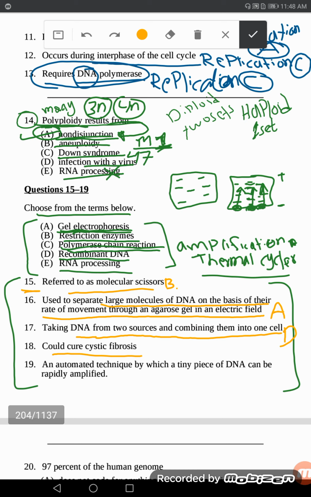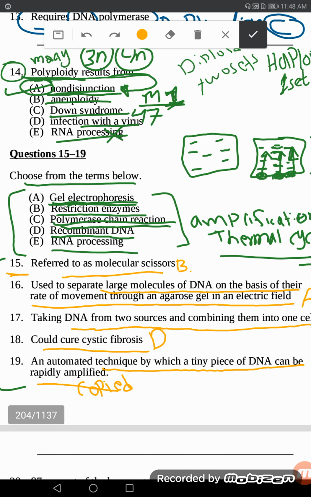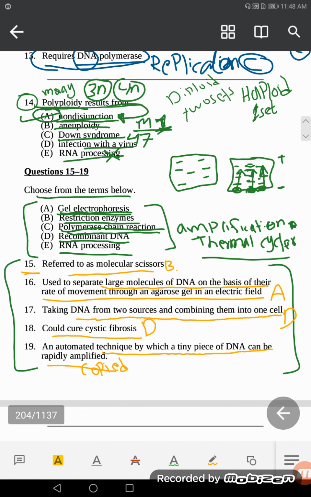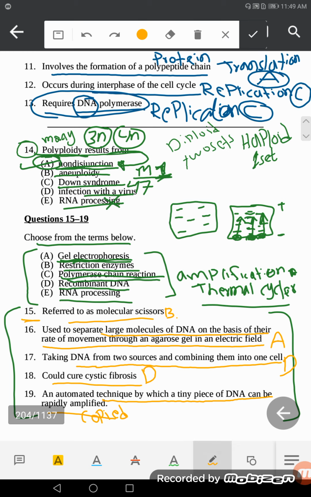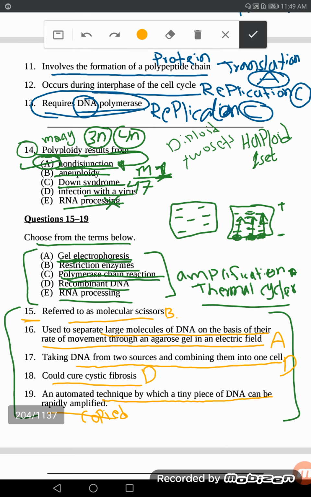It's not done yet, so the answer for this one is D. An automated technique by which a tiny piece of DNA can be rapidly amplified, or copied: the answer is PCR, the abbreviation for polymerase chain reaction.